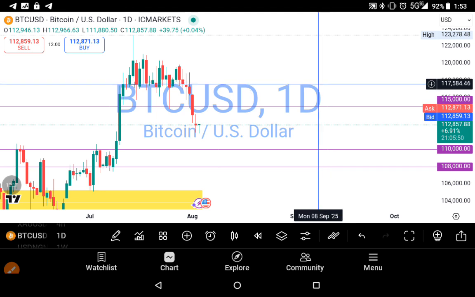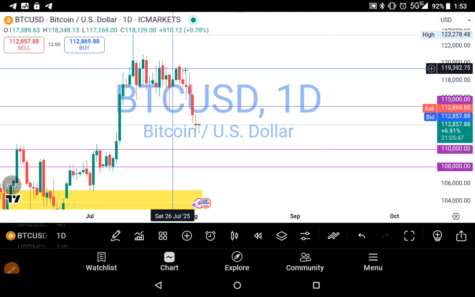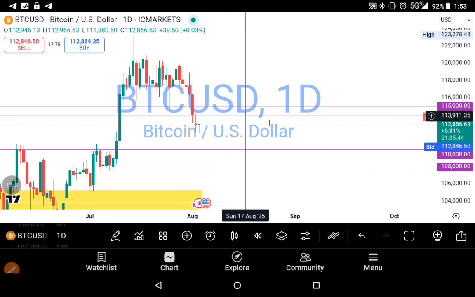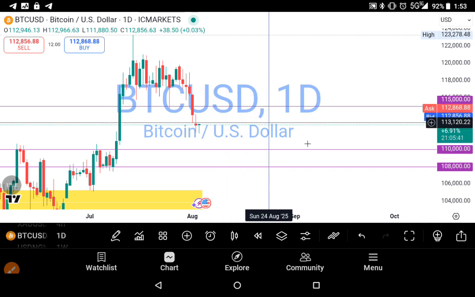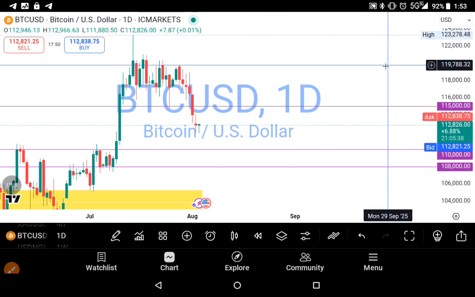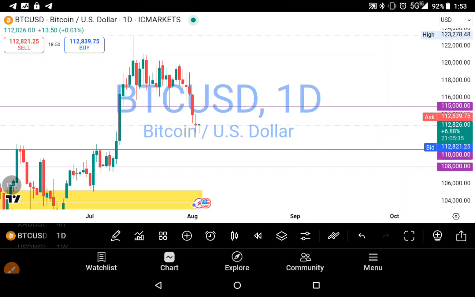But now the market price has dropped and is standing below 115,000. So the lowest hanging fruit I will be watching, as long as the market price stays below 115,000, is the level 110,000.